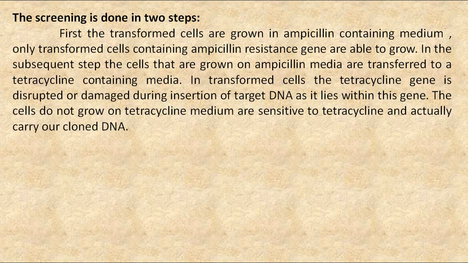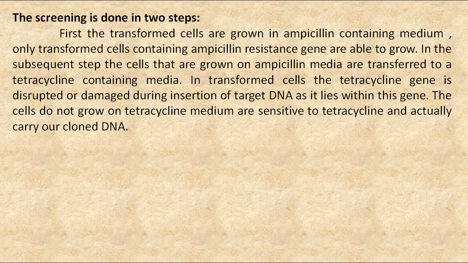The screening is done in two steps. First, the transformed cells are grown in ampicillin containing medium. Only transformed cells containing ampicillin-resistant genes are able to grow. In the subsequent step, the cells that are grown on ampicillin media are transferred to a tetracycline containing media.